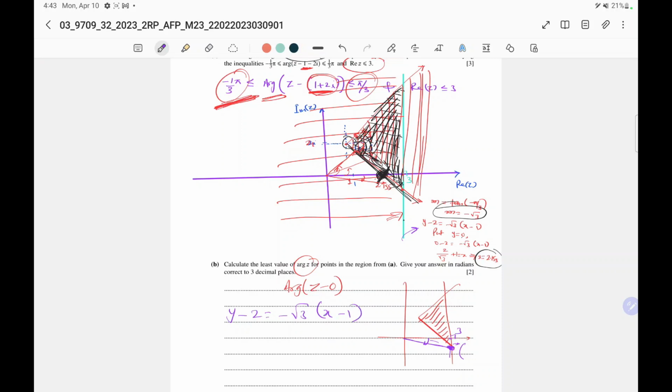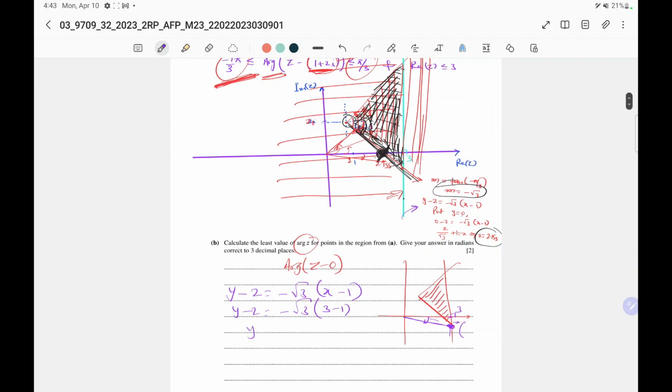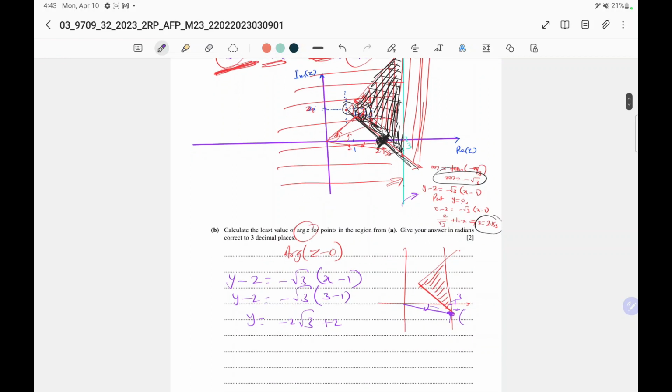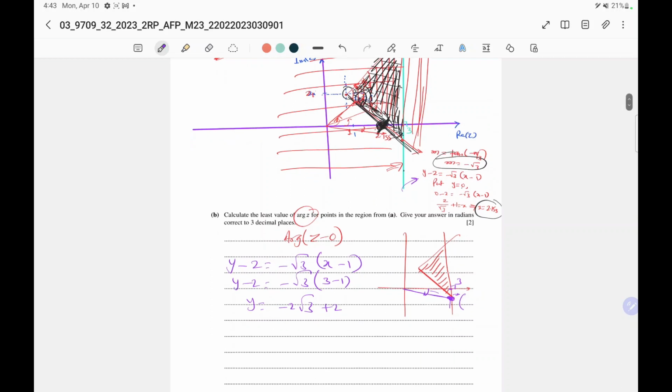At this point, x is 3, so y minus 2 equals minus root 3 times 3 minus 1, which is 2. So y equals minus 2 root 3 plus 2. So I got this complex number: 3 plus i times 2 minus 2 root 3.